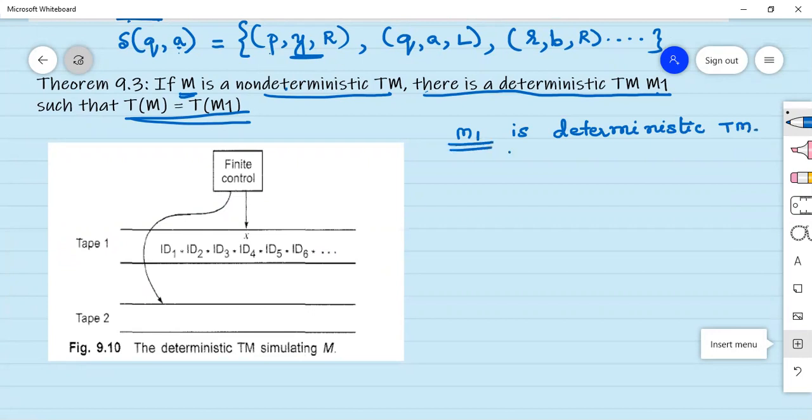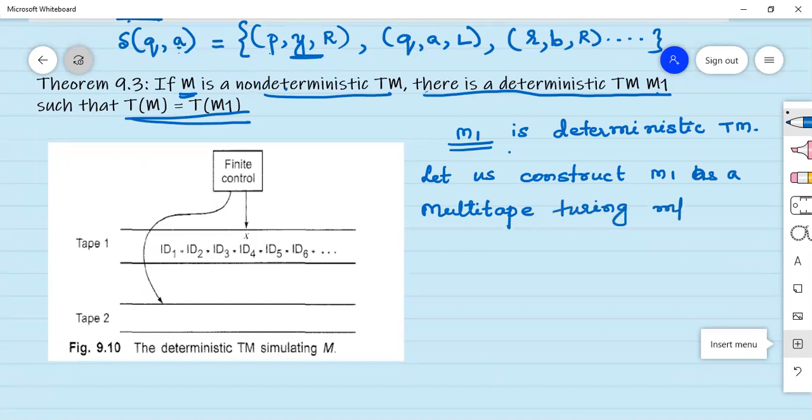So the proof is, we'll construct M1 as a multi-tape Turing machine. It's easy to do that. You can see the diagram on the left hand side. Now what we do is, each symbol in the input string may lead to a change in the ID, isn't it?